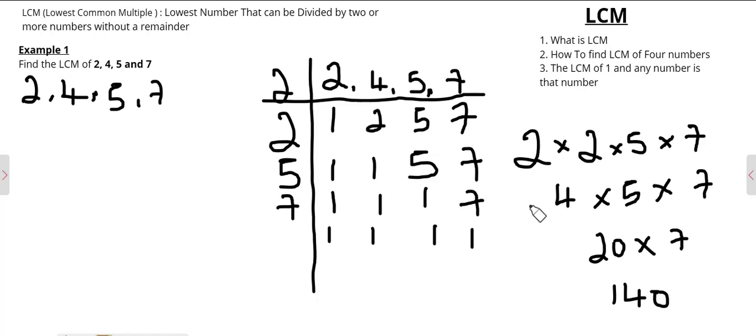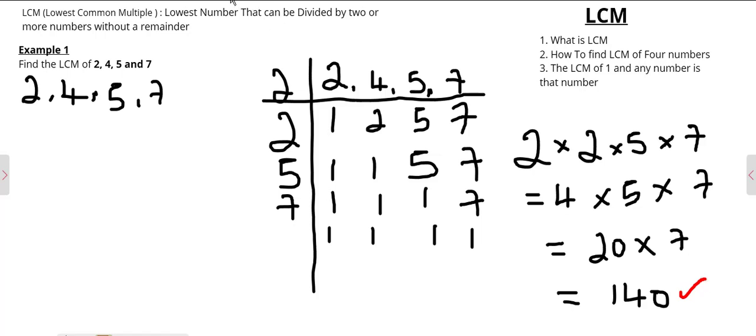So the LCM of 2, 4, 5 and 7 is 140. This is a very common question in some past questions I've seen, and we'll take one more example before we conclude today's topic.